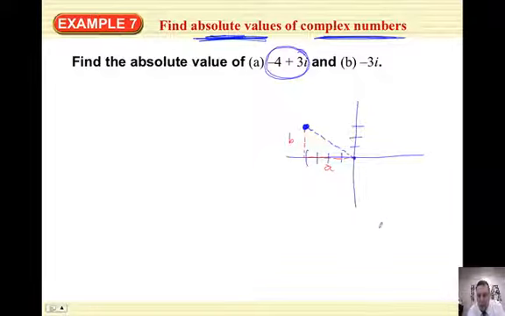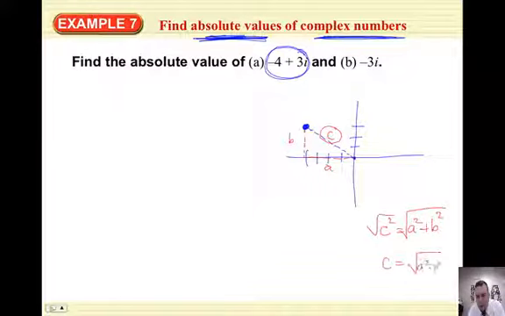What do you know about the Pythagorean Theorem? Let's say we want to find c, the distance to 0. c squared equals a squared plus b squared. We don't want c squared, we want c. How do you find c? Square root. So c equals the square root of a squared plus b squared.